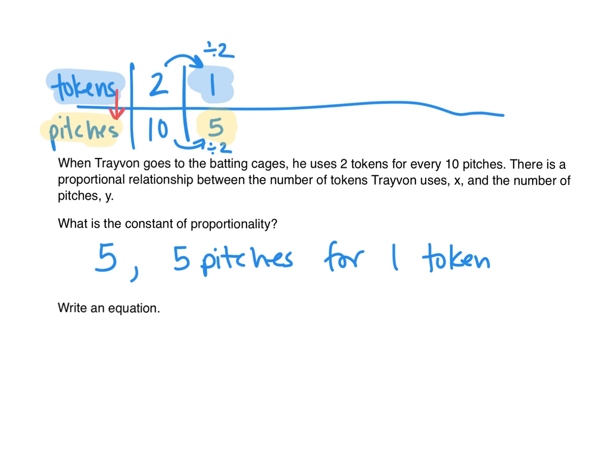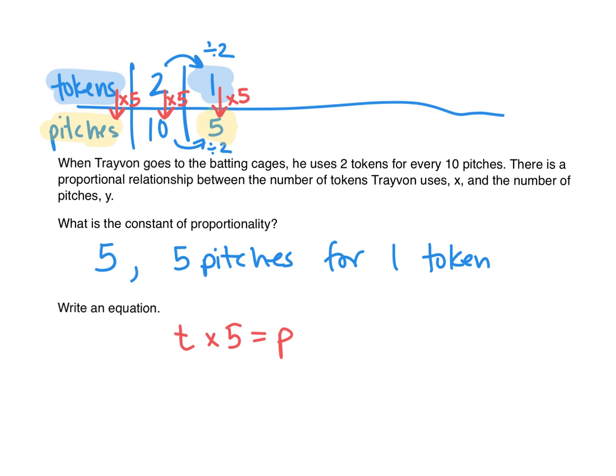So we're thinking about the connection between tokens and pitches. And from our unit rate, from our constant of proportionality, we can see that we're going to multiply by 5. 1 times 5 is 5, 2 times 5 is 10, and we would apply that to our variable. So if I'm using the variables in my rate table, it would be the tokens times 5 equals the pitches.